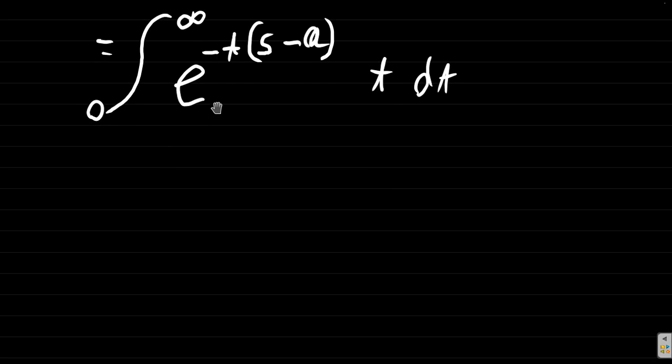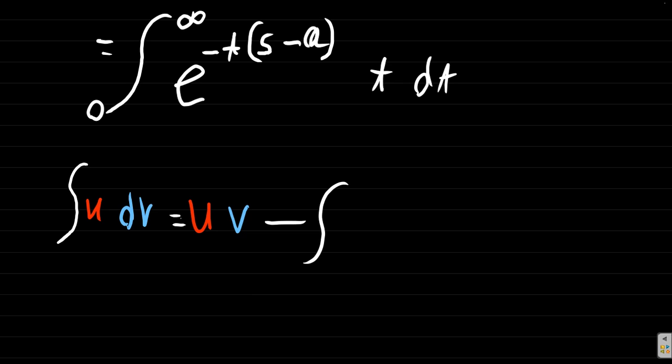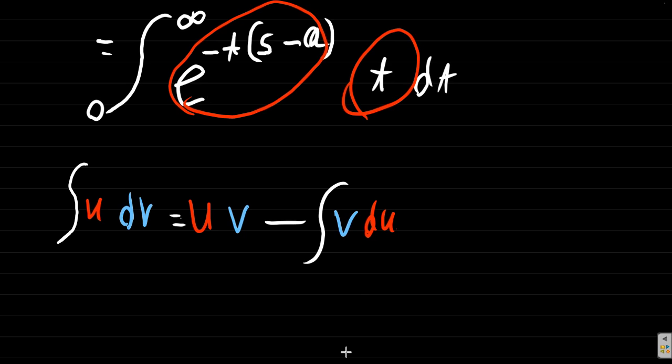We have the integral of two functions of t multiplied. So let's use integration by parts. Remember what the integration by parts formula says? The integral of u dv is equal to uv minus the integral of v du. Now we want to make one of these, either this or this, u.